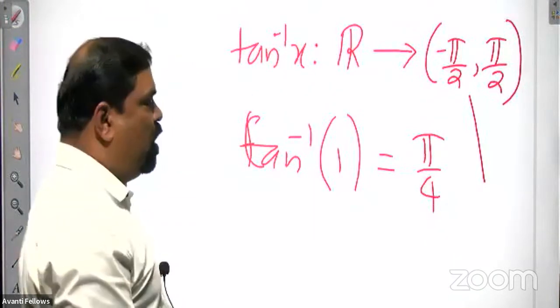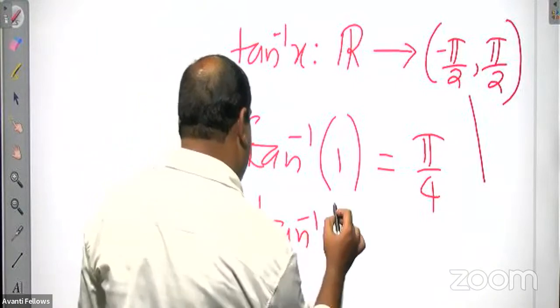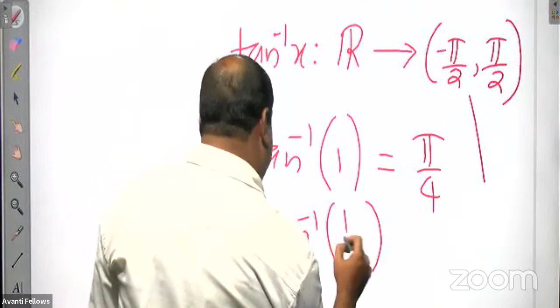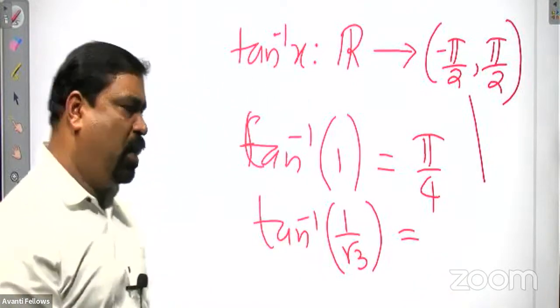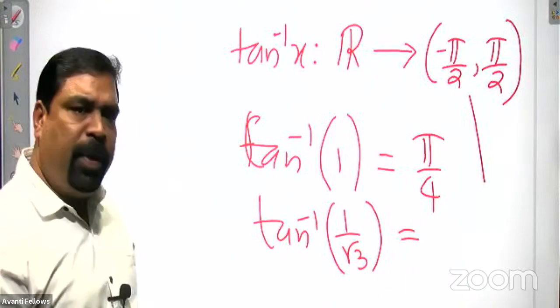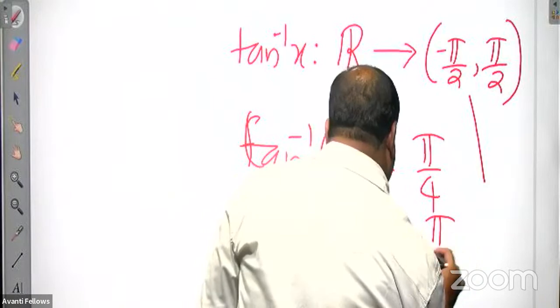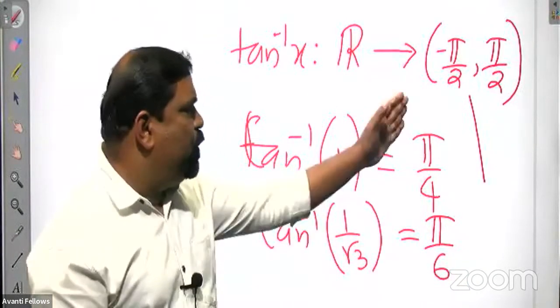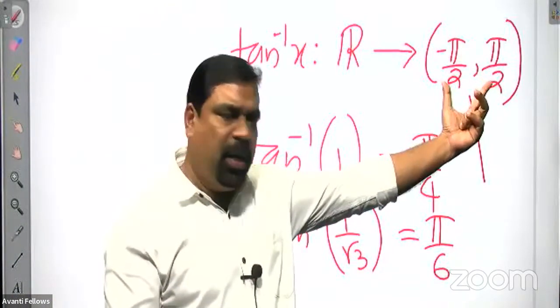So what is tan inverse of 1 by root 3? Everybody knows, when tan is 1 by root 3, it is tan 30 degree, and 30 degree means pi by 6. Remember, all these values are in this interval, minus pi by 2 to plus pi by 2. Clear?